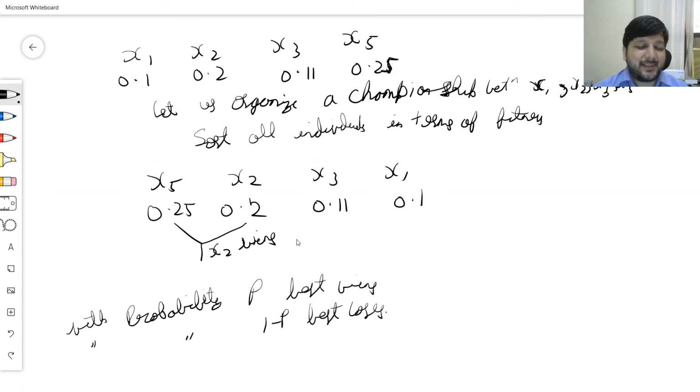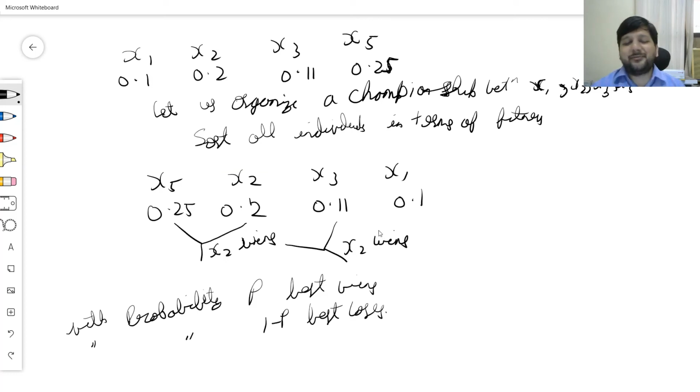So x2 wins. Now, if the fitter individual wins, then it's declared as a winner of the championship. If the weaker individual wins, then it's not normal, and therefore the winner has to play another match against the next one, x3. So now it's x2 versus x3. This time let us say the normal thing happens, x2 wins.